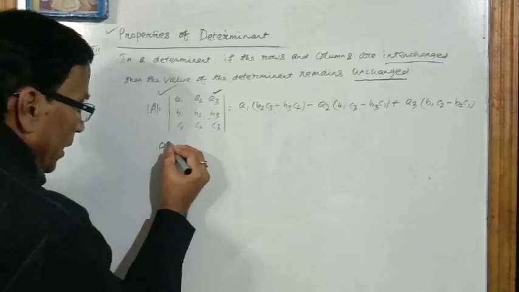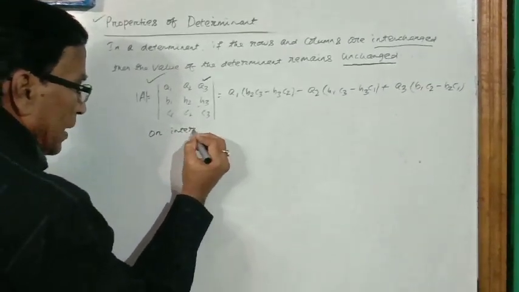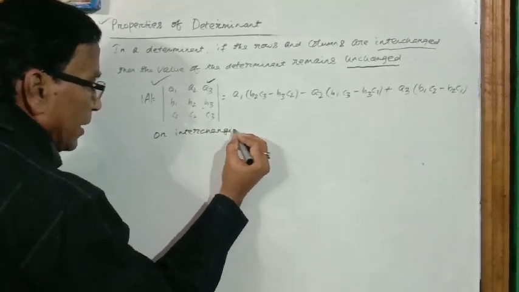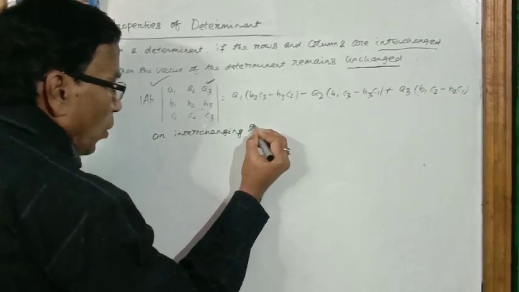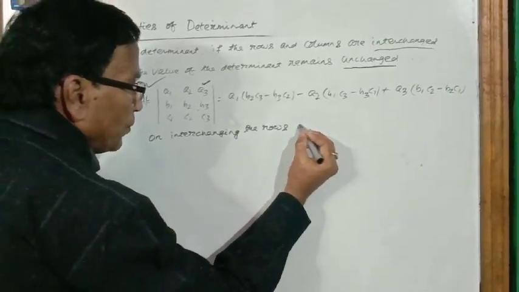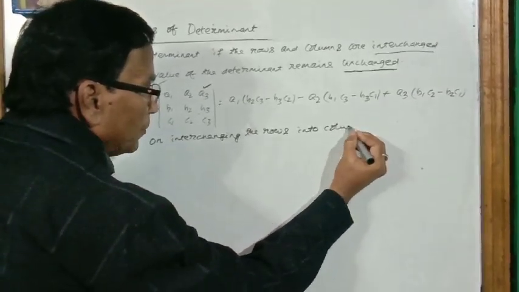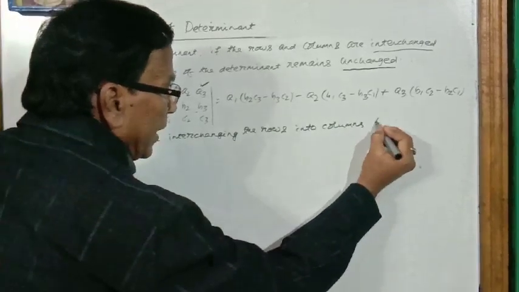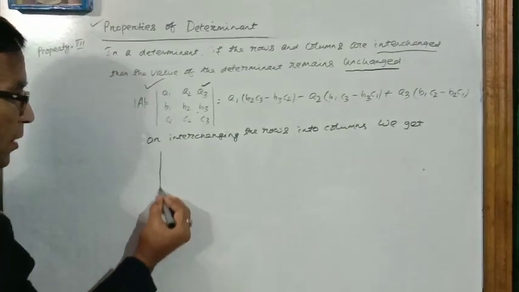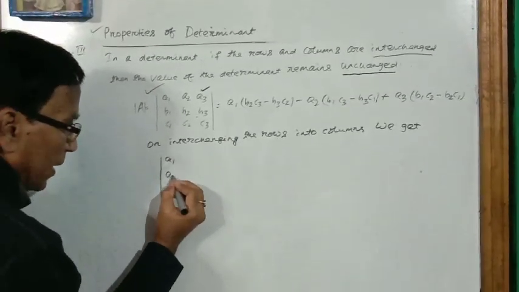Now, on interchanging the rows into columns, we get the determinant where the first row becomes the first column A1, A2, A3.